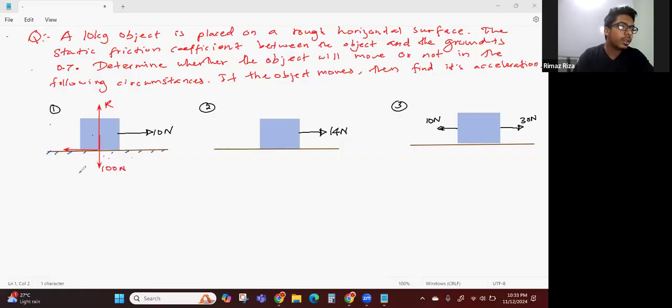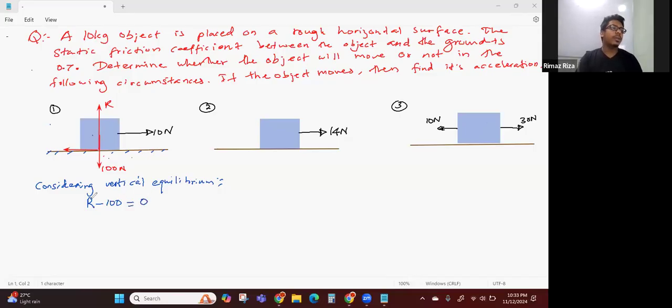So considering the vertical equilibrium, R minus 100 equals 0. Or if you want, you can apply Newton's second law also in the vertical direction.